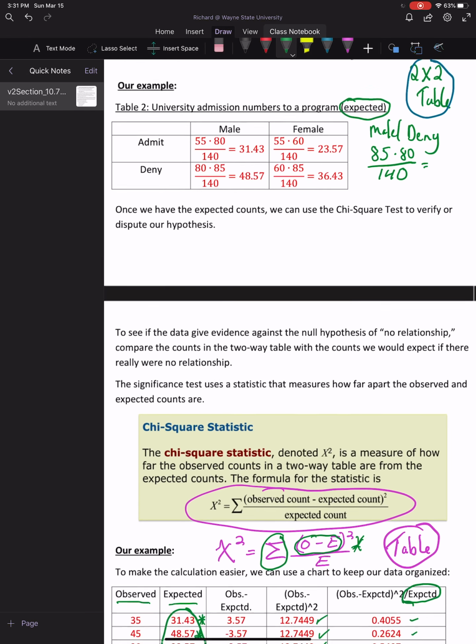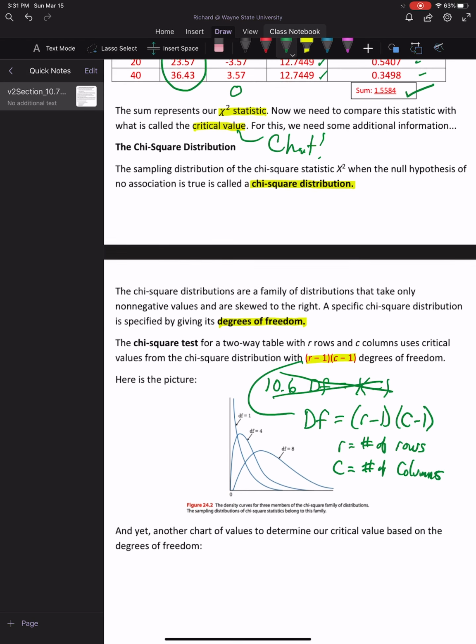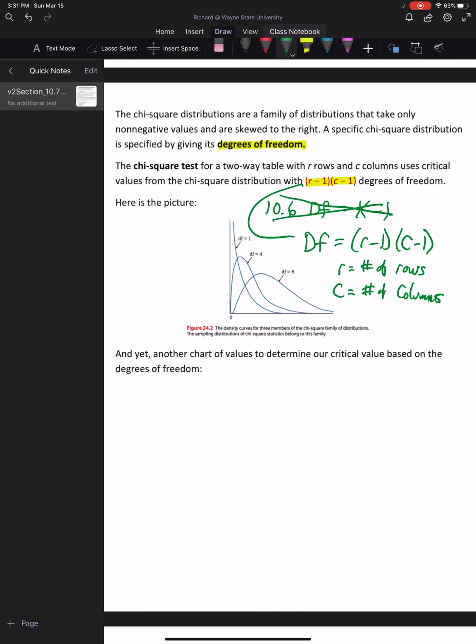So the computation for the degrees of freedom in this case is very simply 2 minus 1 times 2 minus 1, or 1 times 1, which is 1. Not a very exciting degree of freedom, but you can see that if we had a much larger table, the computation would be quite a bit more.